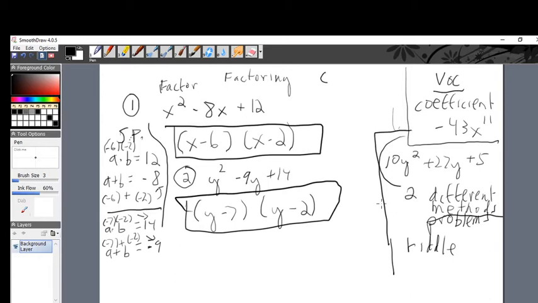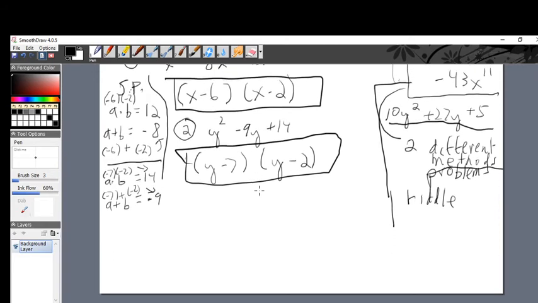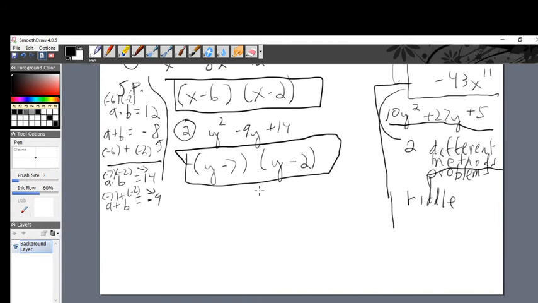Okay. Now, that brings us to the problem that I put up over here. And I told you it's going to be a little harder, and it's going to have a different method. So problem number 3 is that we've got, let me get this out of the way so it doesn't confuse us.